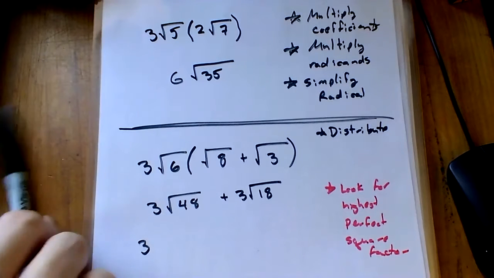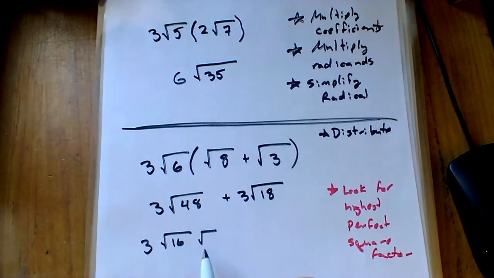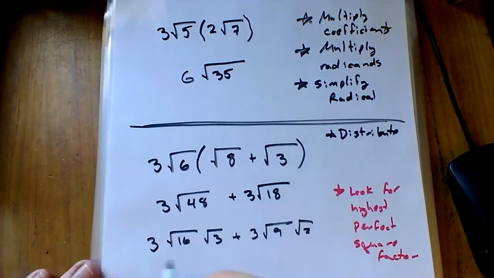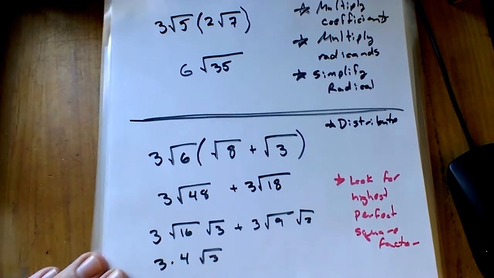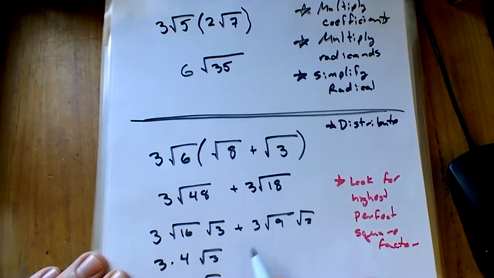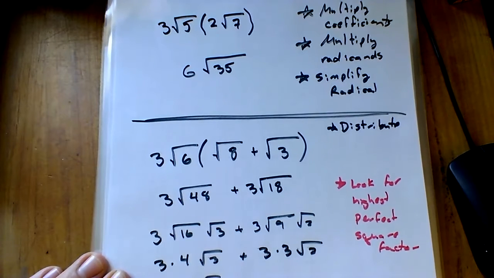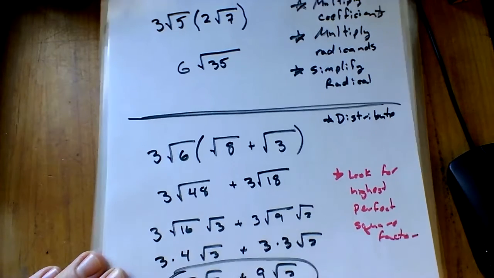So with 48, I know that 16 is a factor, and that'll be 16 times 3. With 18, I see that I've got 9 times 2. So this is going to be 3 times 4 square roots of 3. So I'm going to have 12 square roots of 3 here. Square root of 9 is 3. So 3 times 3, that's going to be plus 9 square roots of 2. And here we would be done.